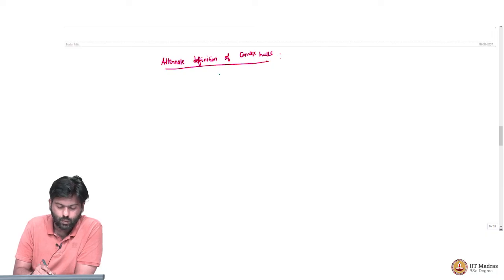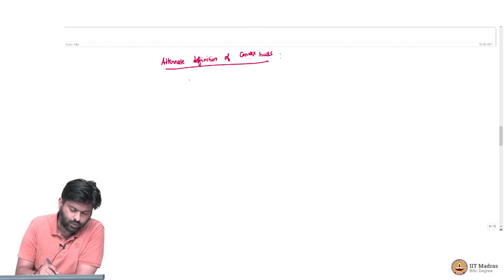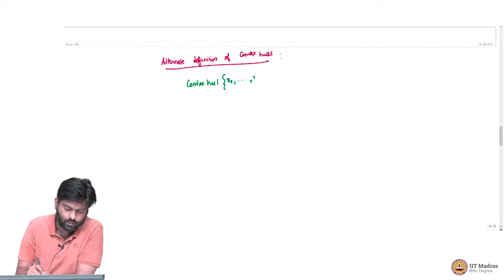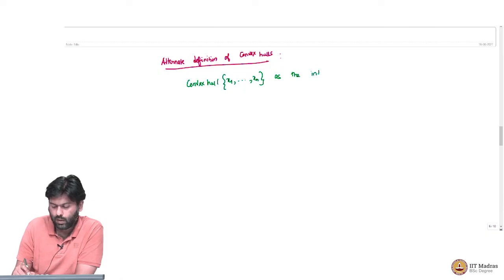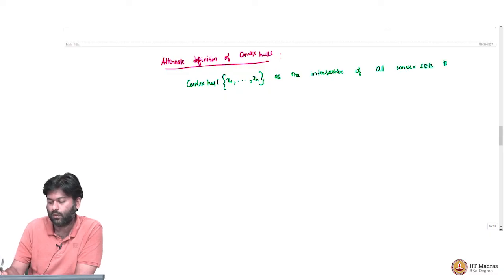So, now you can think of a convex hull of a set of points as the intersection of all convex sets that contain x1 to xn.